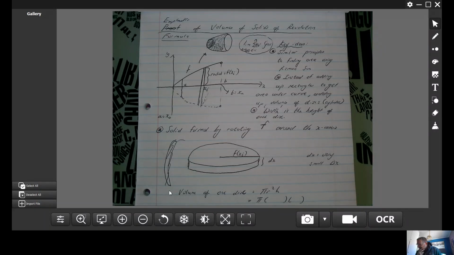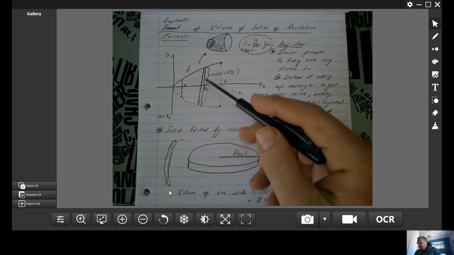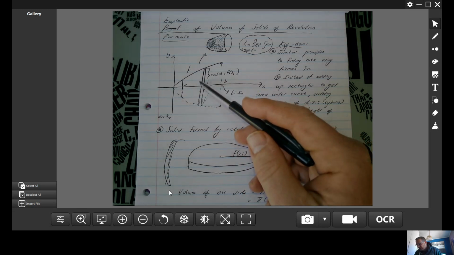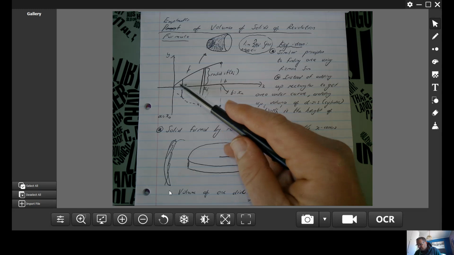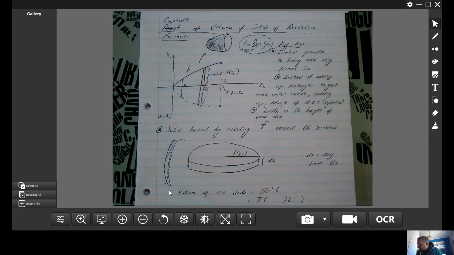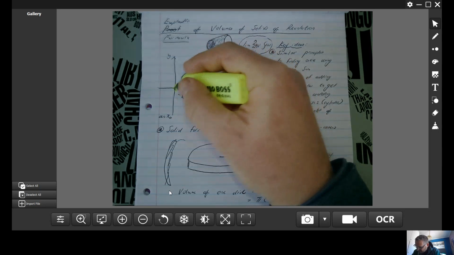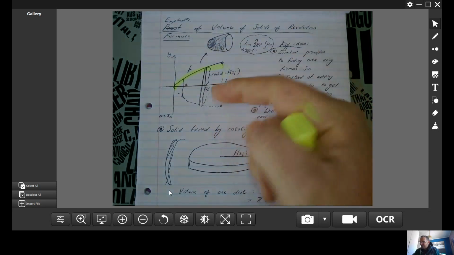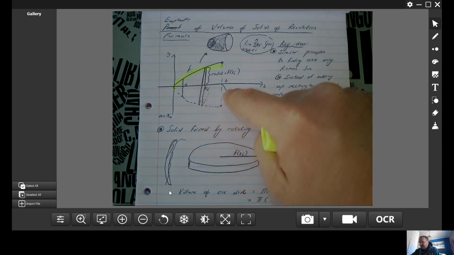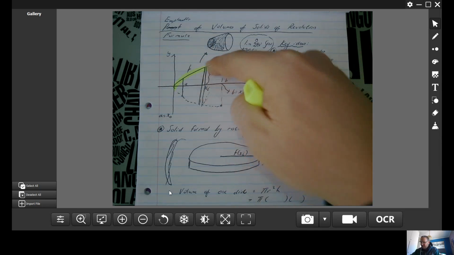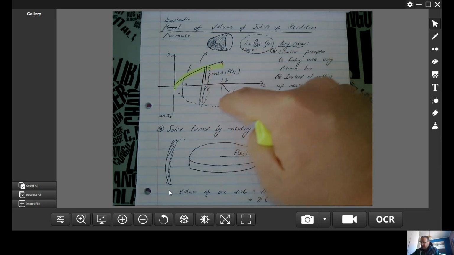First of all, what's happening here is, if you can imagine, we're forming a 3D shape, a solid of revolution. We take this curve over here, and wherever the line goes, we rotate it about the x-axis. As we rotate it, imagine that's becoming a solid.